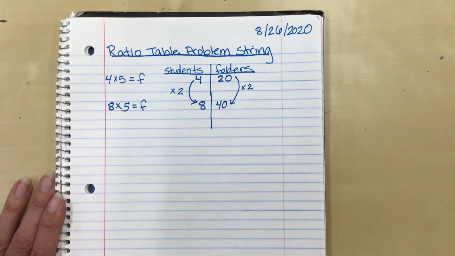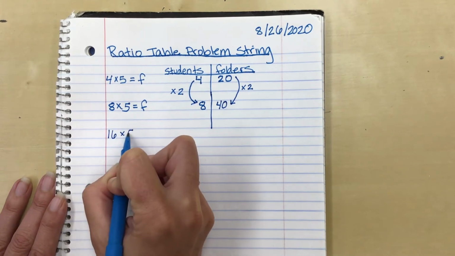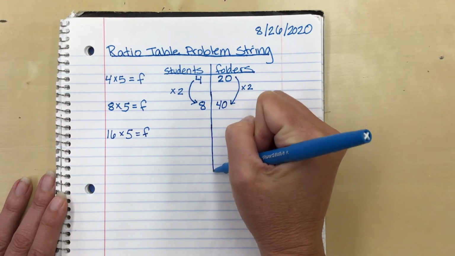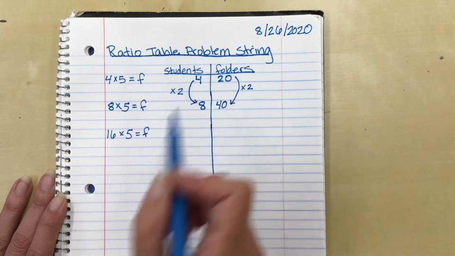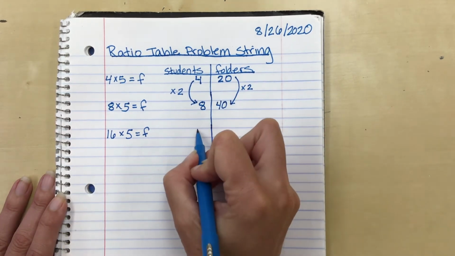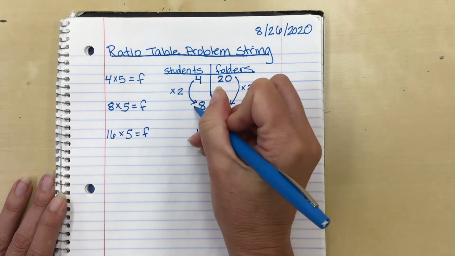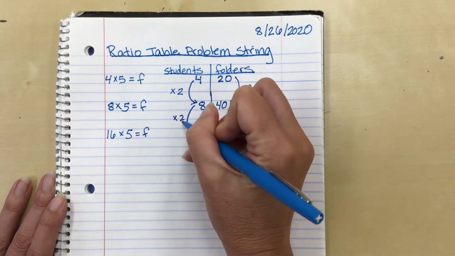Okay? Following our pattern, we're going to say 16 times 5 equals F. Now, I don't know about you, but if someone were to ask me off the cuff, what is 16 times 5? I would be stuck. And I would have to think and break it apart and do all this business. But now that I have this problem string started, I'm going to put 16 over here. And once again, 8 doubled is 16. 8 times 2 is 16.